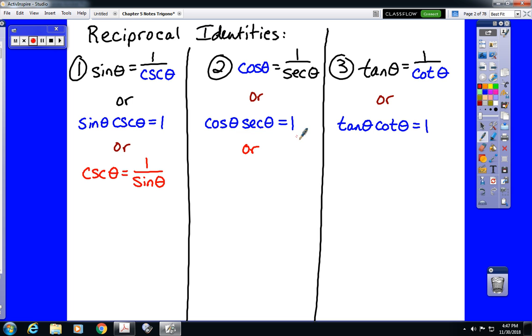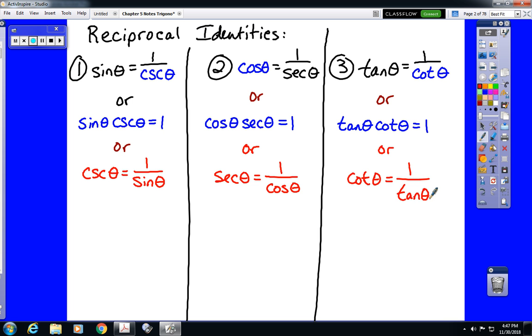If we divide both sides by cosine, we can get that the secant of theta is 1 over the cosine of theta. Same thing here. If we divide by tangent, we can get cotangent is 1 over tangent. I screwed that up pretty royally there on my symbols, so I'm going to erase real quick and fix it. Cotangent of theta is 1 over tangent of theta.